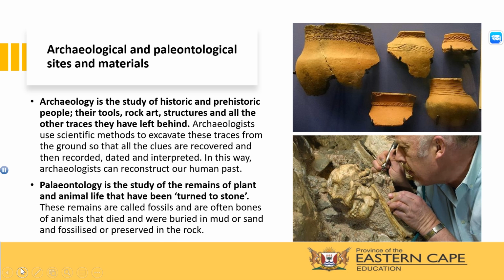And another explanation for fossilized is being preserved in rock. So as part of the national estate, we have archaeological sites and materials as well as paleontological sites and materials.